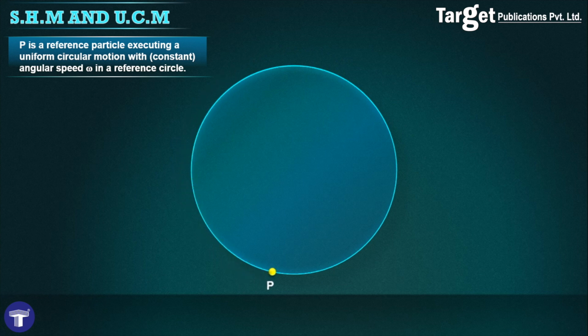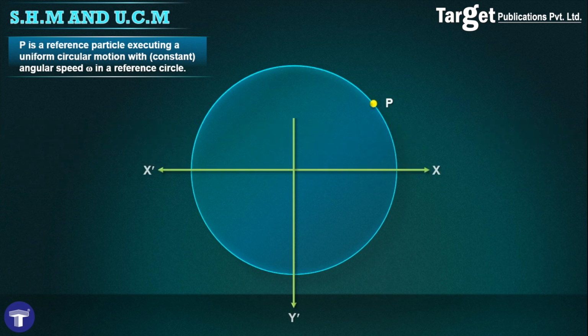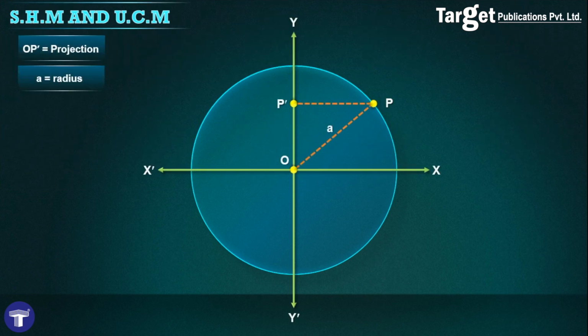This particle performs uniform circular motion with some constant angular speed ω. This circle, which helps us study simple harmonic motion, is known as the reference circle. The center of this circle is the point O, and OP' is then the projection of the point P on the y-axis.